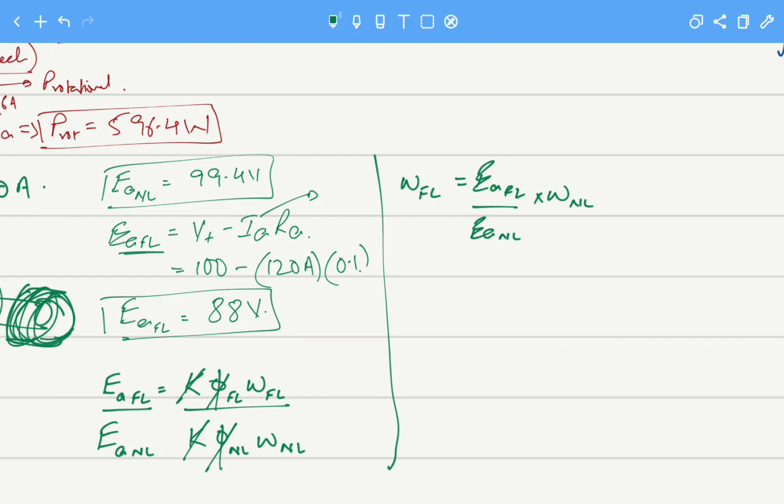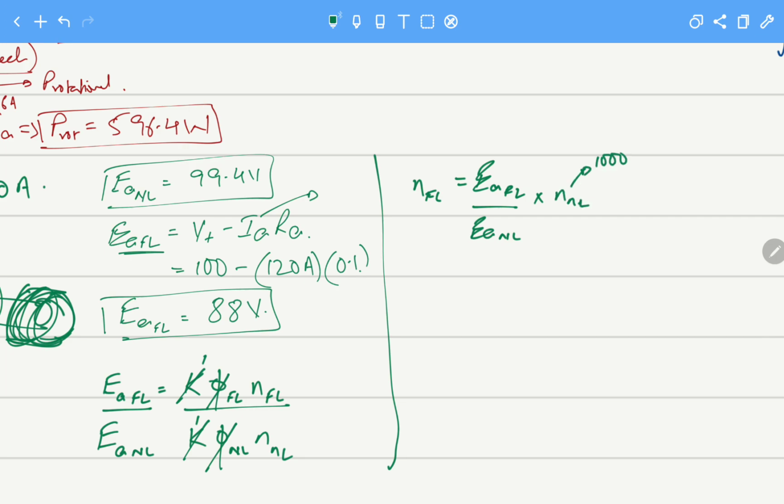Because this is omega, we would have to convert to radians per second and then convert back. But if we modify this formula, which represented speed in RPM, I don't have to convert to radians and then again to RPM.